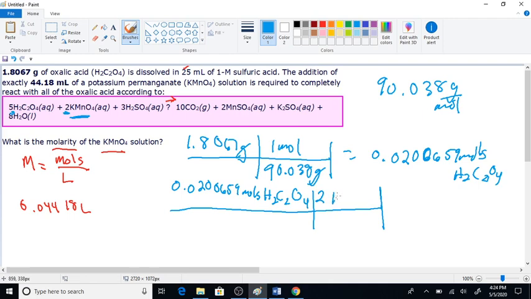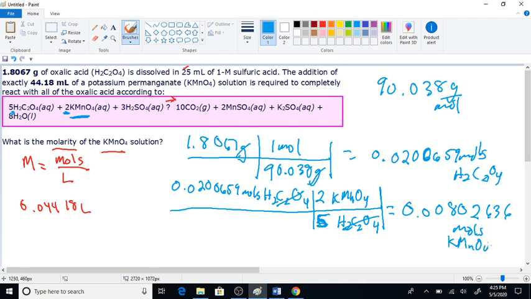2 KMnO4 over 5 H2C2O4, per every 5. That's a 5, apologize. The H2C2O4 cancels, so we basically multiply by 2, divide by 5, and we end up with 0.00802636 moles of KMnO4.